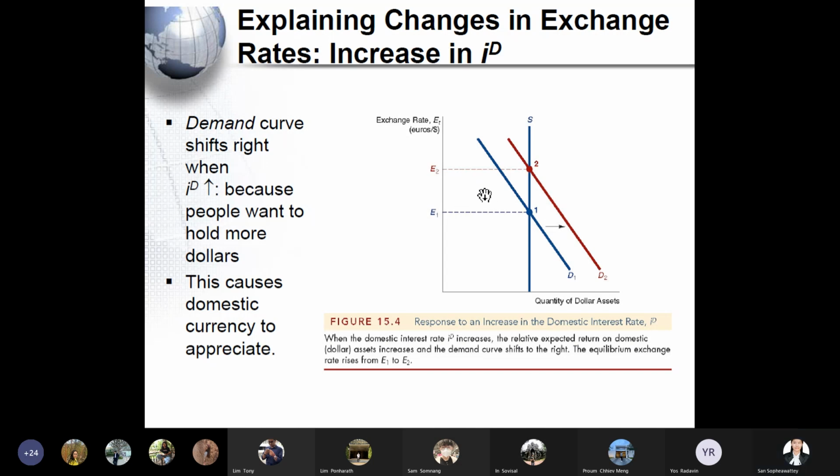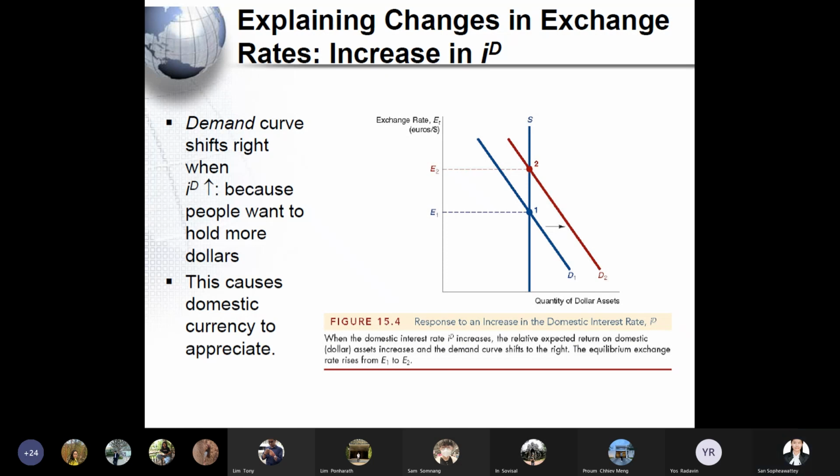So there is a right shift of the demand curve from D1 to D2. So the new equilibrium, as I mentioned, is at D2. So an increase in the domestic interest rate, i_D, will shift the demand curve for the domestic asset and cause the domestic currency to appreciate in this case.